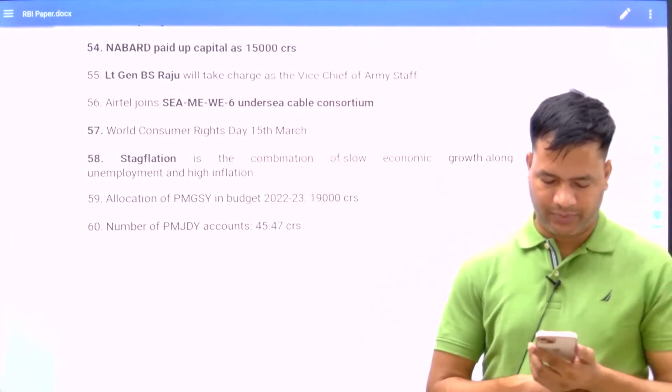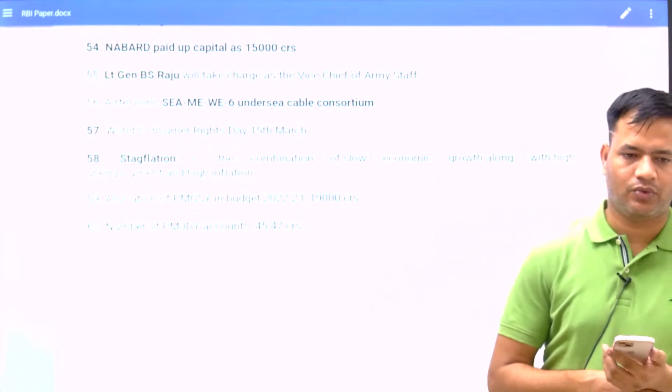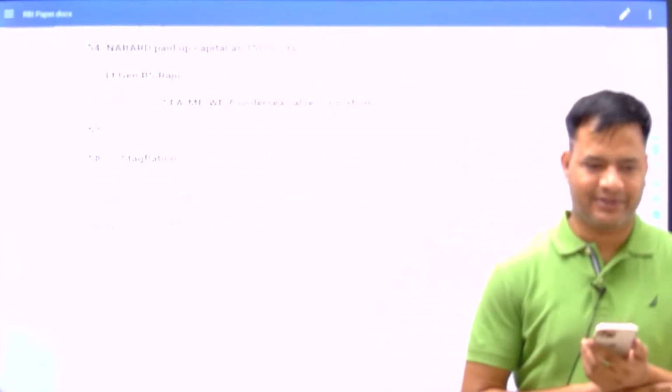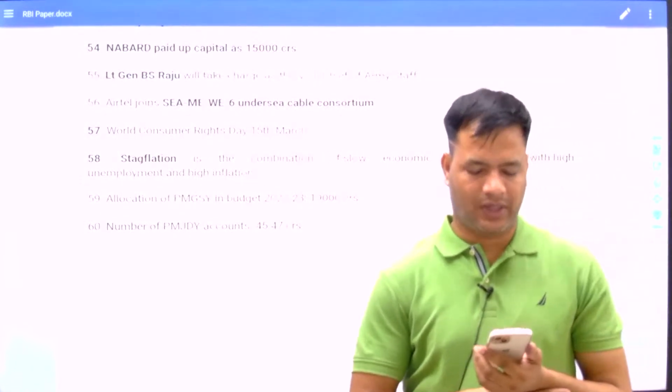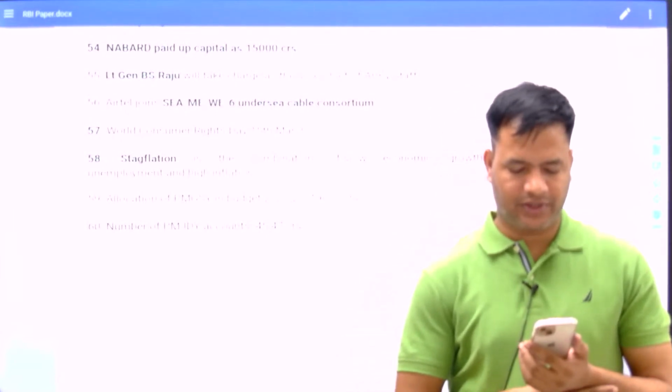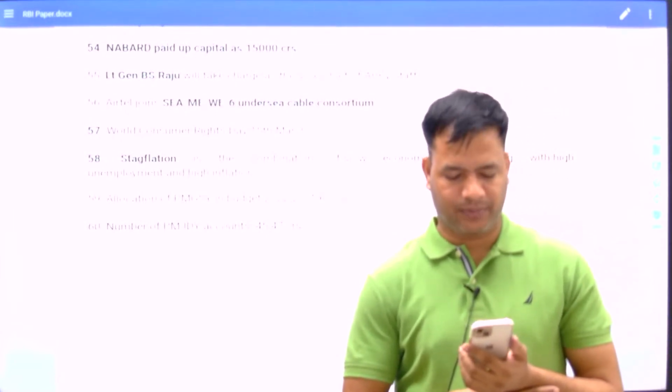Yes, then you can start preparation for phase 2. Cutoff will be less as compared to last year, because quant was difficult and reasoning was also difficult as compared to last year.